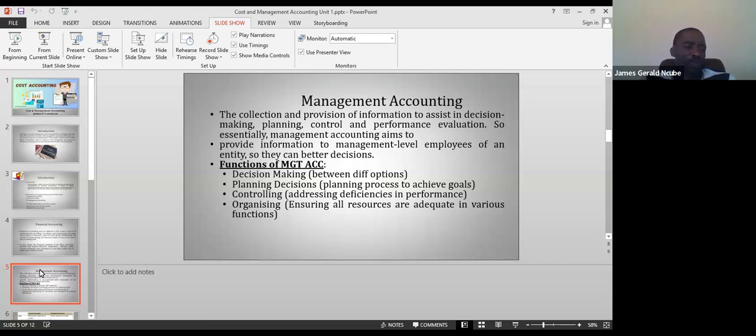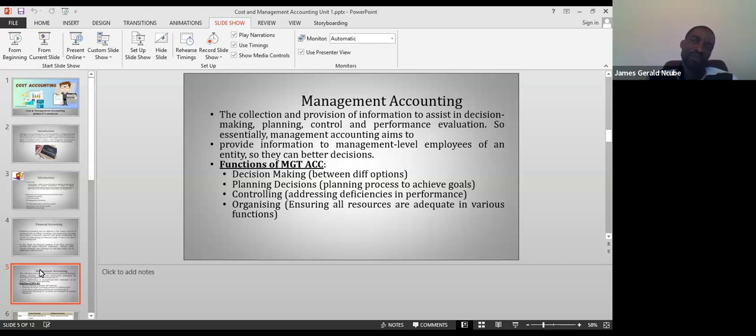And what are the functions of management accounting? If I may just summarize, the first function concerns decision making. This is a very vital part in management accounting because every day managers are making decisions which are very critical for the organization. So the first function is to assist in decision making, where managers make selections between different options.